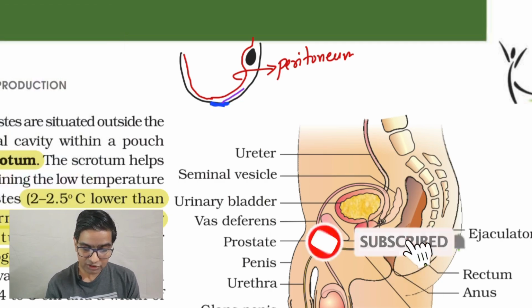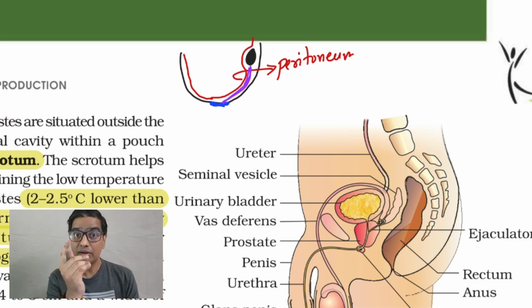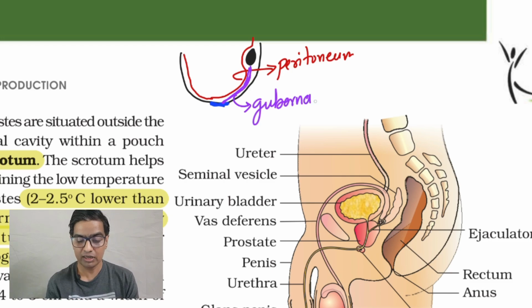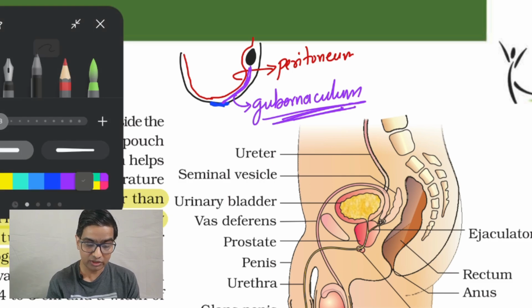And a connection is present between the lower end of the testes and the future scrotum. This connection is actually a fibromuscular band, called the gubernaculum. Now when the child is inside the mother's womb, testosterone comes, and this testosterone causes the gubernaculum to contract, and as a result the testes starts to descend.